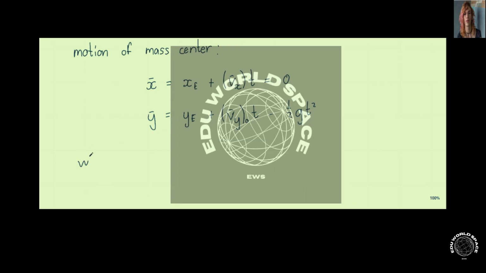And from here, we know that the point at which the explosion happens, ye, is equal to 70 meters above the ground, and the velocity of the rocket at this point is 30 meters per second. So then here we have the motion of the mass center.